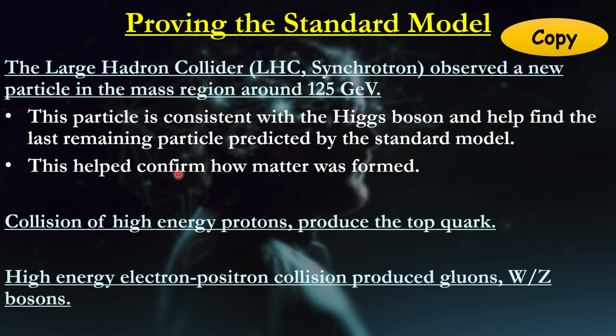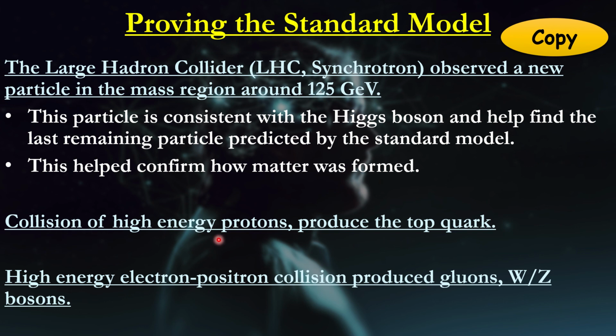So the Large Hadron Collider helped us discover the existence of the Higgs boson. That's really important because the Higgs boson demonstrates how mass is gained by particles. If we didn't find the existence of the Higgs boson, we couldn't really demonstrate the validity of the Standard Model.